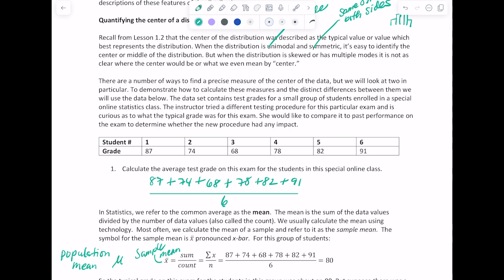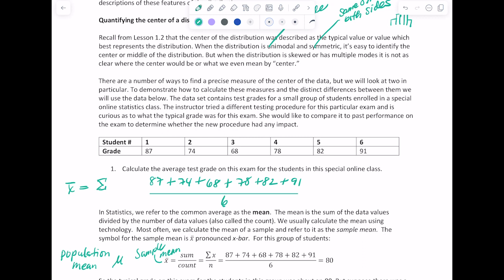So it's the sum of the test scores for those students divided by the sample size, which would be 6. There are 6 students there, okay? Now, we actually have a formula for averages or means. And when we say sum, that's the Greek symbol sigma. So sigma means add.